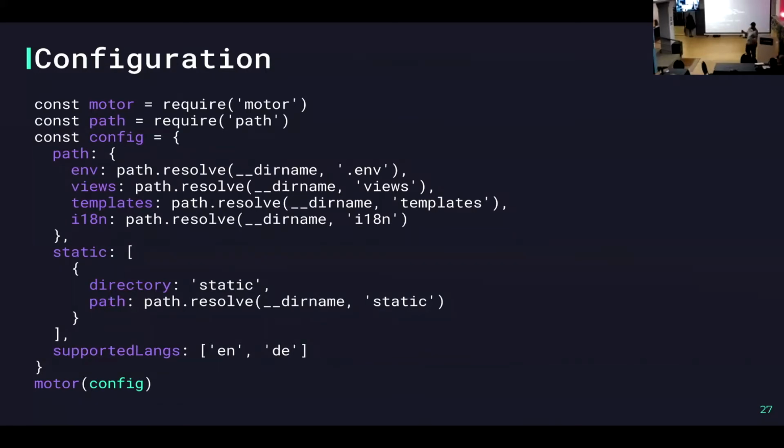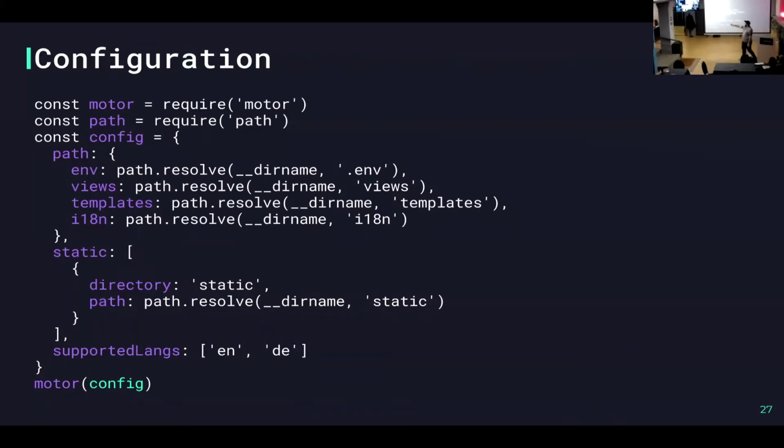We need which folder will be used as the path. So this views folder will be used as the FS path, the file system path. And then where I will find my templates. And then for some cases, we need internationalization files, so we will just tell Motor where I could find them. And then there is a static folder, which holds images, fonts, and other stuff.